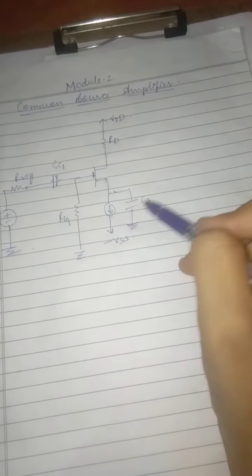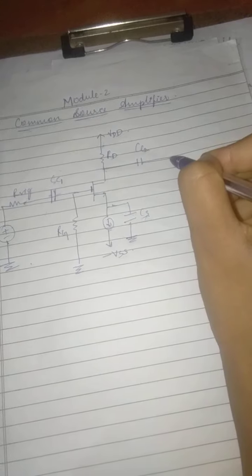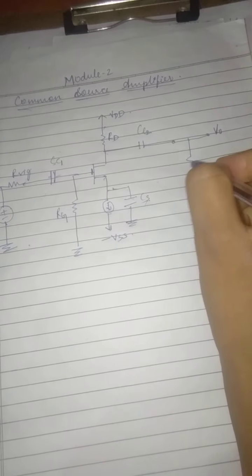Now here is our common source capacitor called CS. I'll tell you why we require this further on. At the drain part you will have another capacitor CC2, and then you connect a resistance RL.